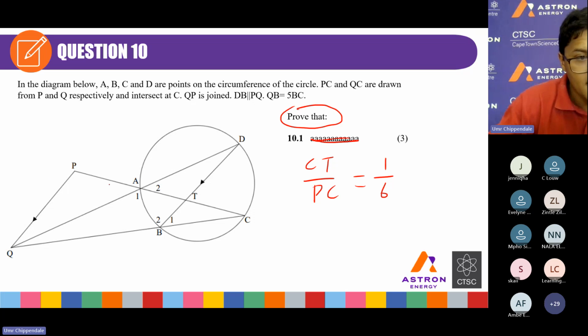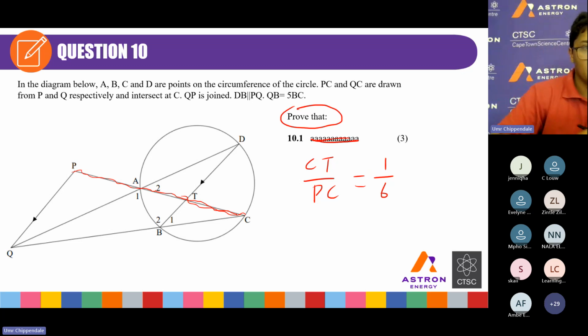So CT is this part over here, and PC is this big line. Just part of it needs to be equal to 1 over 6.